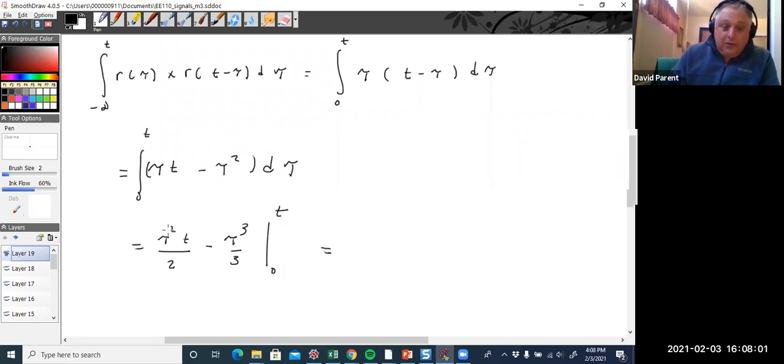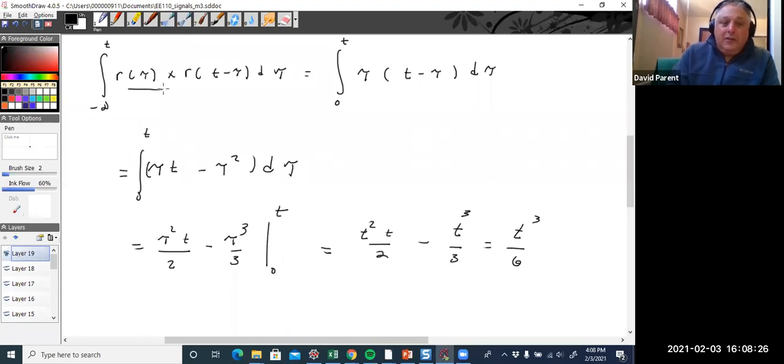So when tau is 0, both of those are 0. We don't have to worry about it. But when we substitute t into tau, we get t squared times t divided by 2 minus t cubed divided by 3, which is t cubed divided by 6.